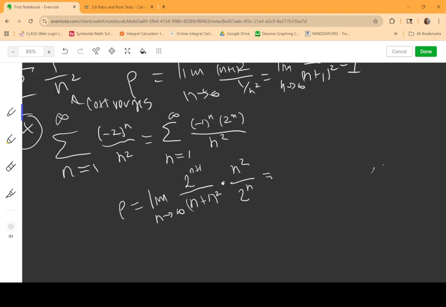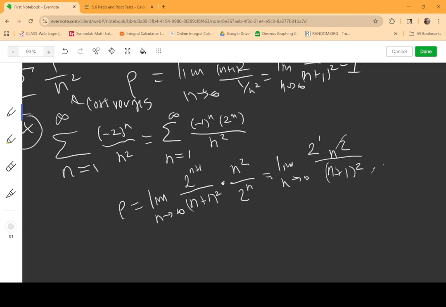As I simplify, with 2^(n+1) over 2^n, we get the limit as n goes to infinity of 2^(n+1-n). We subtract the exponents, the n's go to 0, and we're just left with 2 to the first power, and then n squared over (n+1) squared.